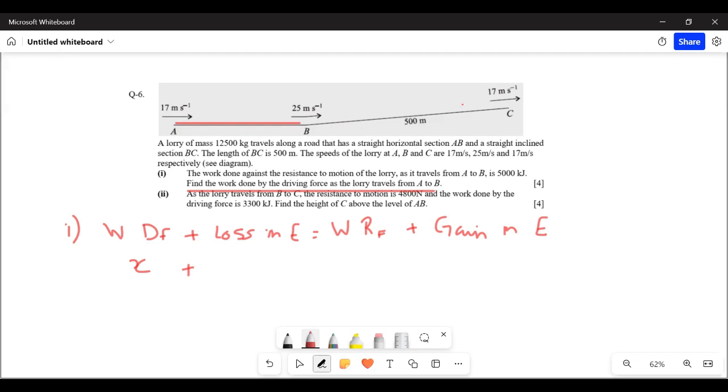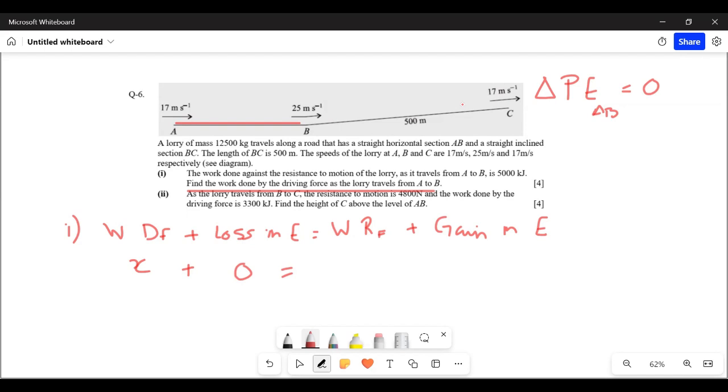So delta PE from A to B is 0. And the kinetic energy actually increases because initially the speed is less at A, and then at B the speed becomes higher. So that's a gain in kinetic energy. So with loss in energy, we write 0 because there's no loss in potential energy.